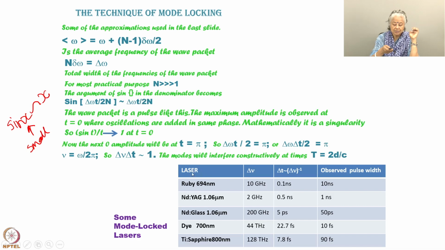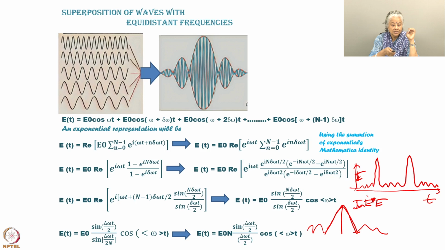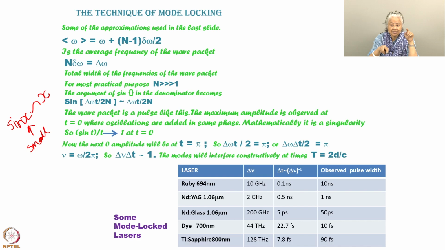If I go back to the last part here, delta omega t by 2. This delta is not the small delta, this is the big delta. That will become pi.